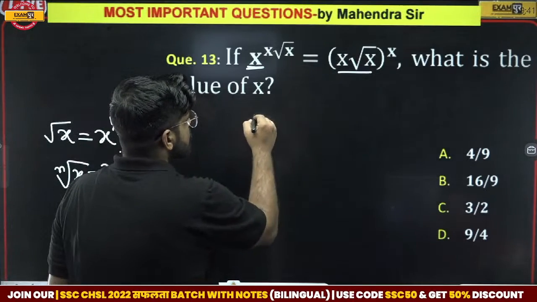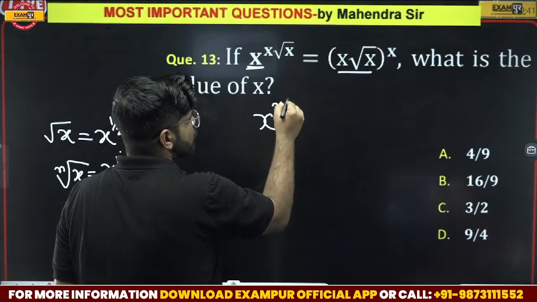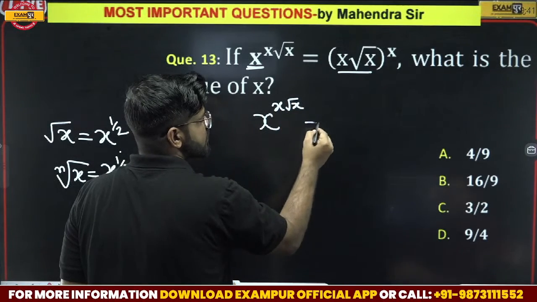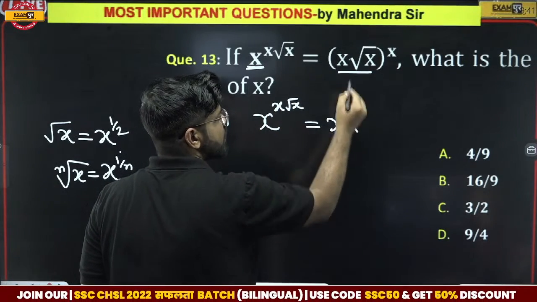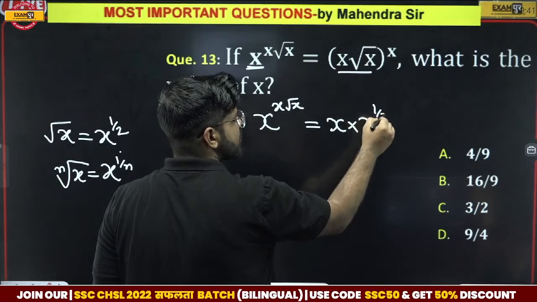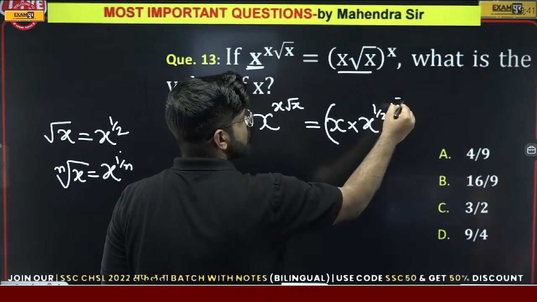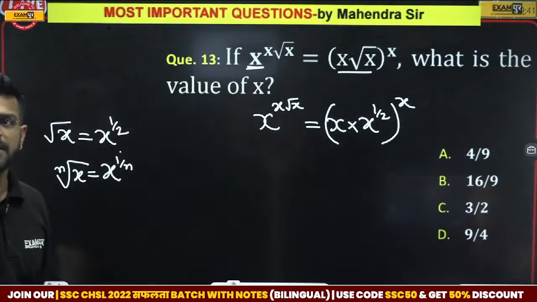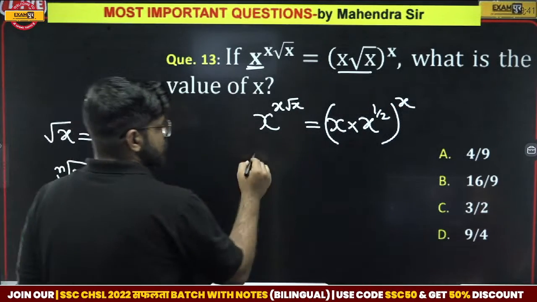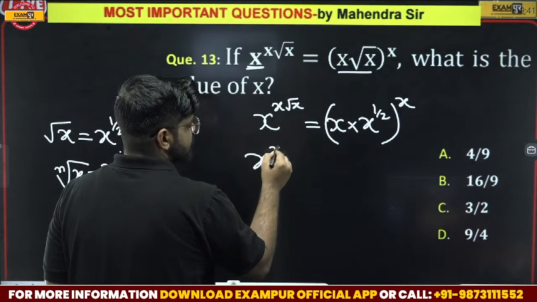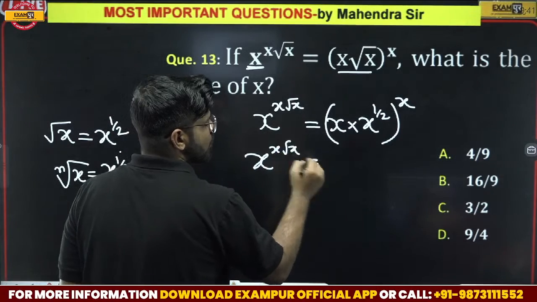So x to the power x root x is equal to x to the power x multiplied by, we can write it as x to the power 1 by 2, as I told you, and we have power x, yes or no? So x to the power x root x is equal to what?